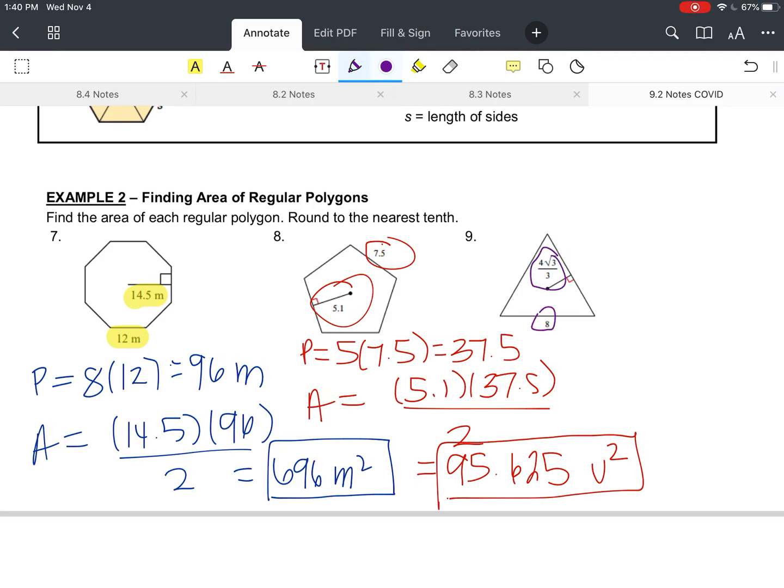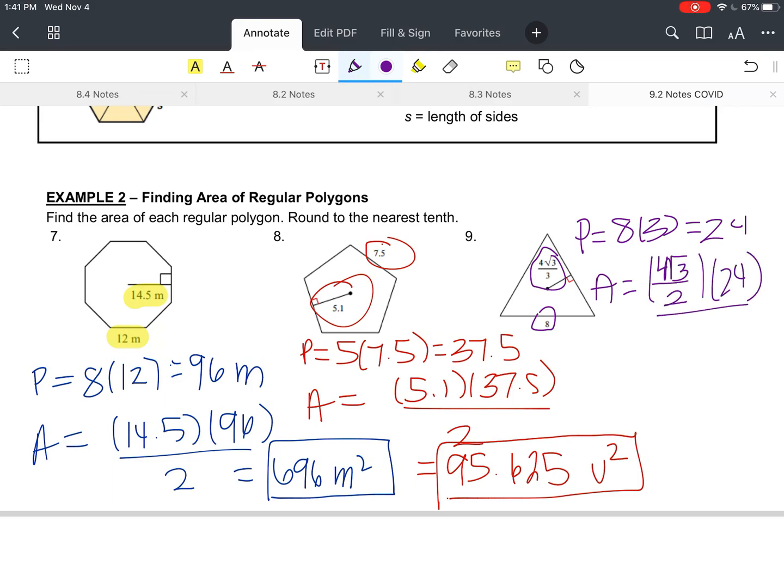Last one, this is a regular triangle. What we're going to use is not the triangle formula, because this time we were given a side and the apothem. So we'll still find it using 1/2 apothem times perimeter. The perimeter is going to be 8 times 3, which is 24, since there are 3 sides, all 8. Then the area is going to be 4 root 3 over 3 times 24 all over 2.